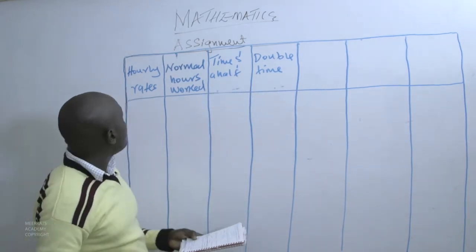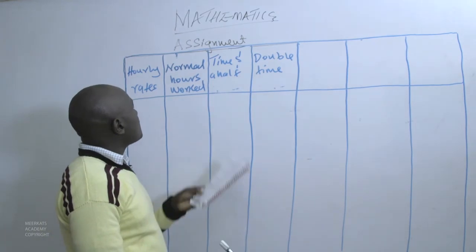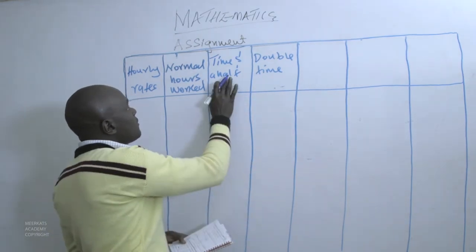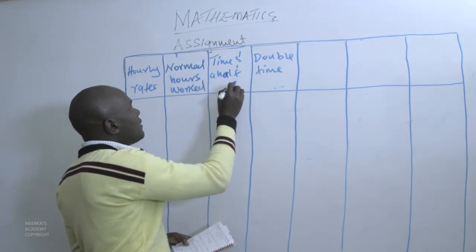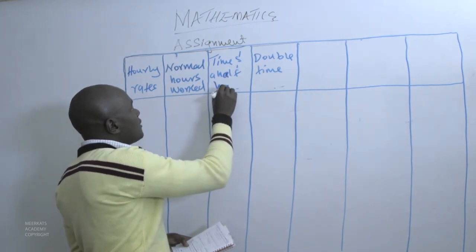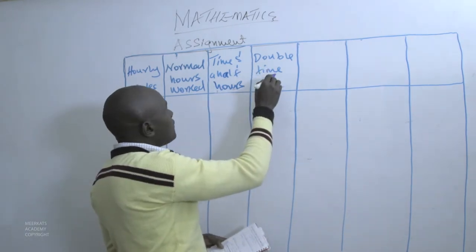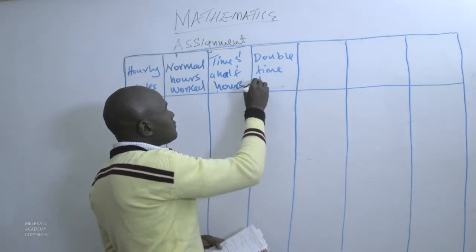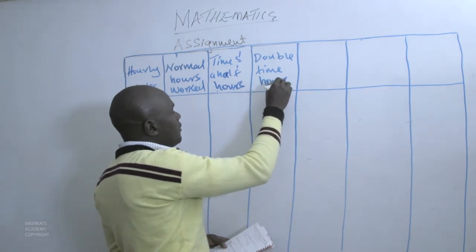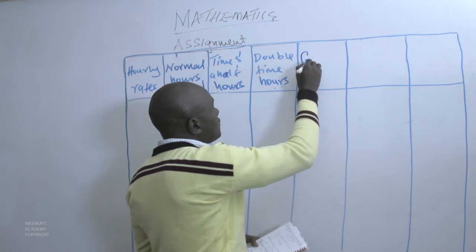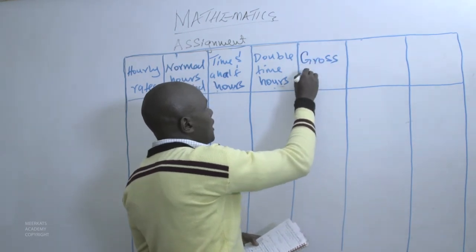In the first column we have hourly rates. In the second column we have normal hours worked. In the third column we have time and a half hours worked. In the fourth we have double time hours. Here we have gross income.